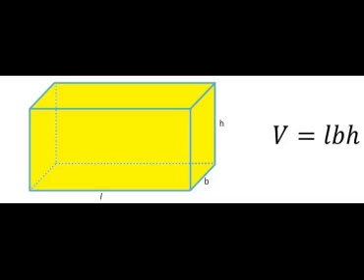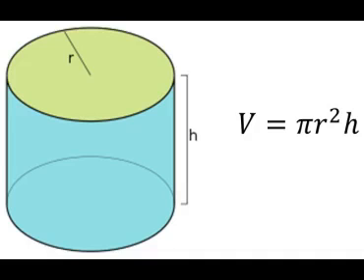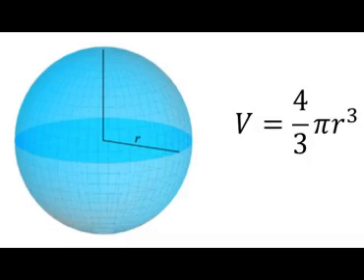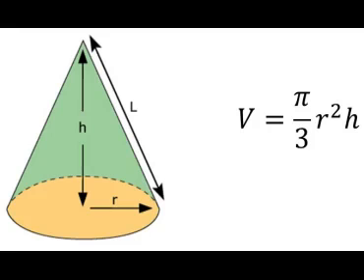It's L into B into H. Similarly, the volume of a cylinder is pi r square H. The volume of a sphere with radius r is 4 by 3 pi r cube. The volume of a right circular cone is pi r square h by 3.